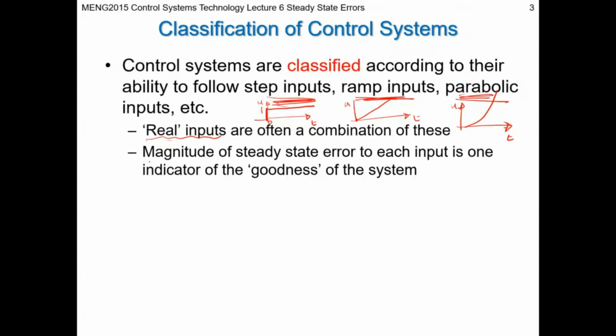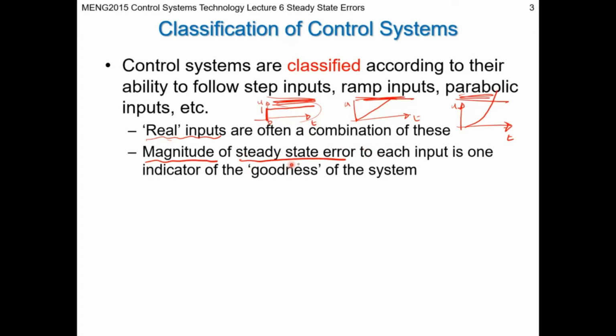So how much steady state error is there when a particular system has a step input applied, for instance? How much error is there when it has a ramp input applied? How much error when it has a parabolic?